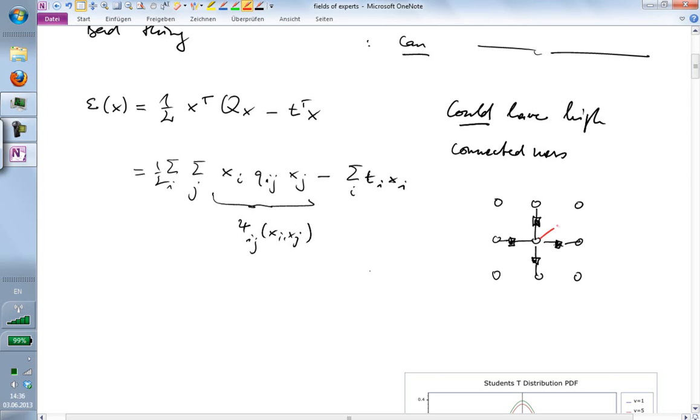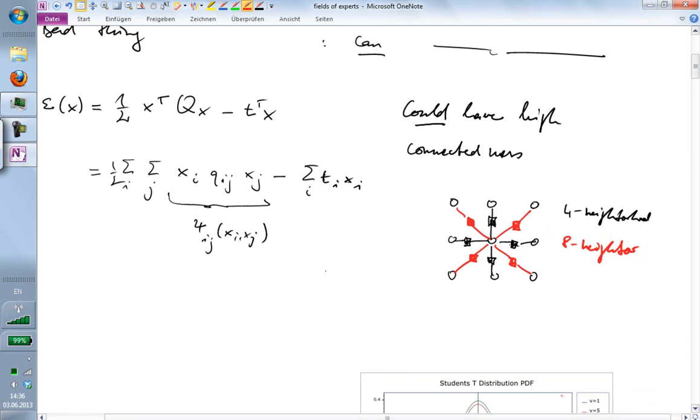And if you wanted, you could include factors also with your closest diagonal neighbors. So in black, the black factors alone would be the 4 neighborhood, and the black and the red factors taken together would be the 8 neighborhood, because then I have 8 factors.